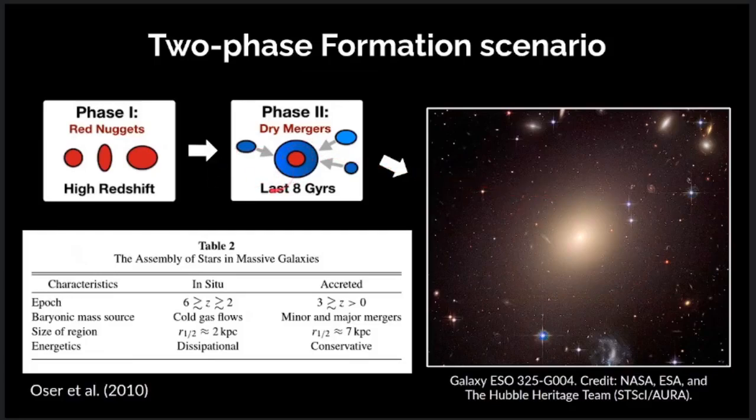This second phase is due to dry mergers with other smaller galaxies that do not have too much gas and which is more conservative in its energetic regime. So it forms the more puffy outer parts of the ETGs.